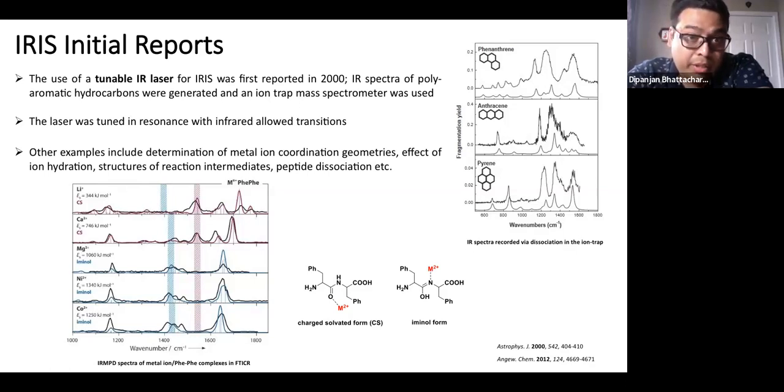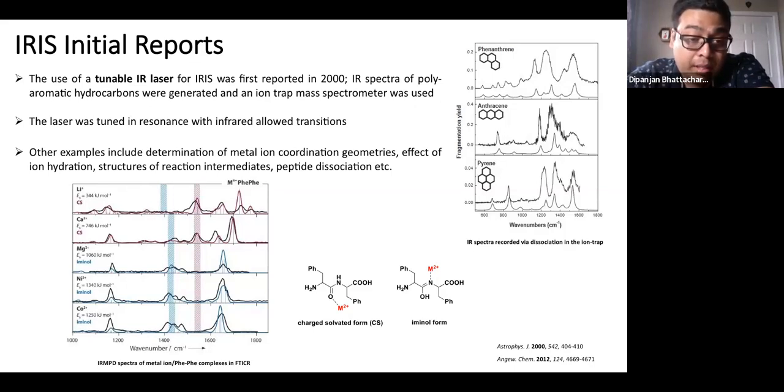If you look at the picture here, the red bar shows the existence of the amide bond. It's basically the NH bending of the charge solvated form to the left. You can see lithium and calcium have that peak, but when you move on to magnesium, nickel, and cobalt, that peak has disappeared.